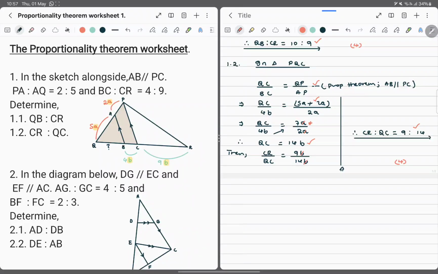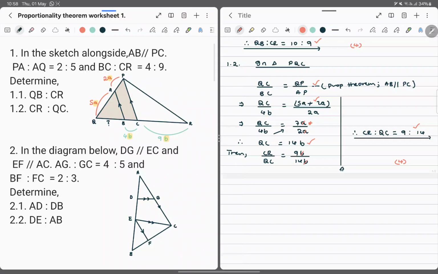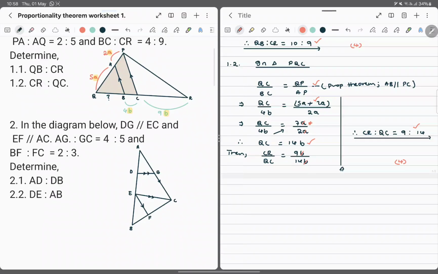All right. So essentially, guys, you can see that with the proportionality theorem you need to strategize, and the strategy has to be very clear from the word go so that it is not confusing. So for you as students, have a look at number 2, which I think is very interesting.